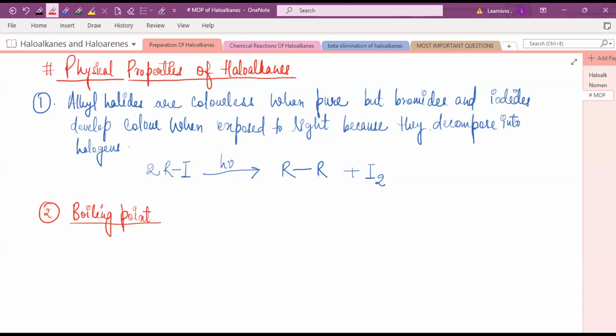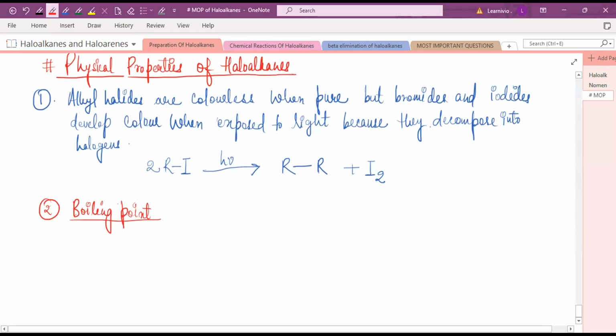When the halogen is attached to the hydrocarbon part, it gives you haloalkanes. Haloalkanes are more polar, and their boiling point is greater than their parent hydrocarbon. So the boiling point is higher, and you can write the boiling point.